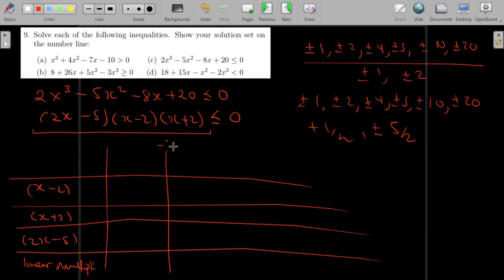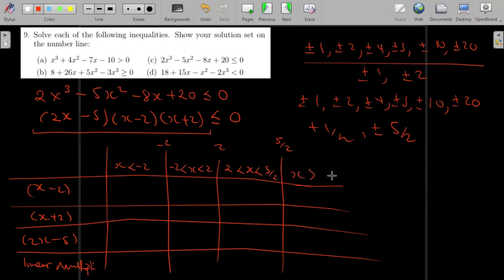The lowest was negative 2, the one that followed was 2, and the one that followed was 5 over 2. So this would mean x less than negative 2, this is when x is in between negative 2 and 2, and there is when x is in between 2 and 5 over 2, and here when x is greater than 5 over 2.